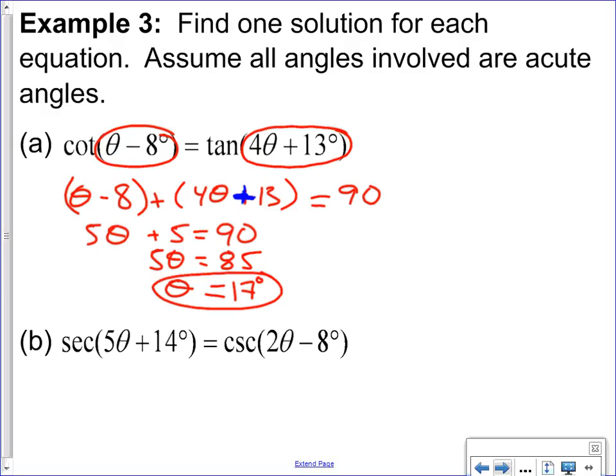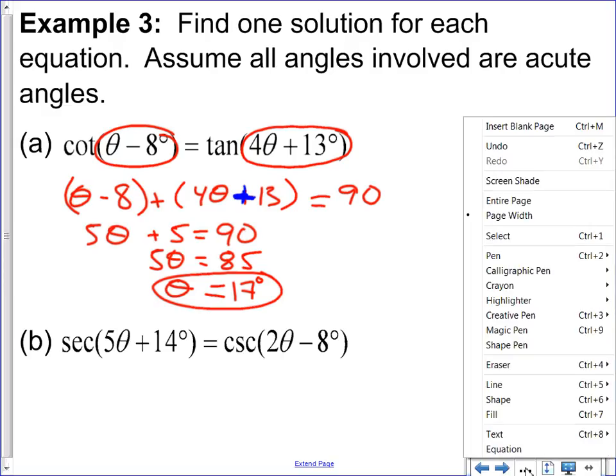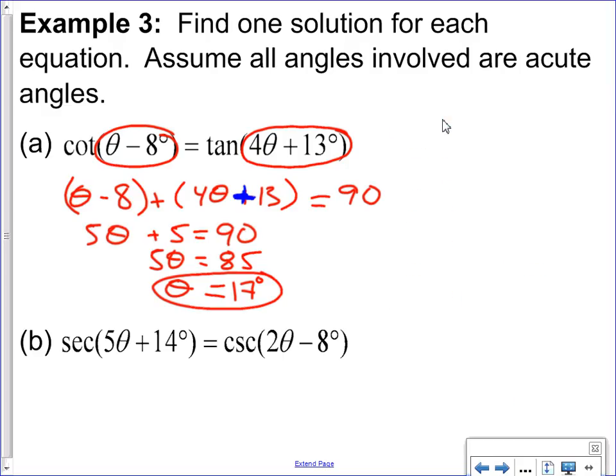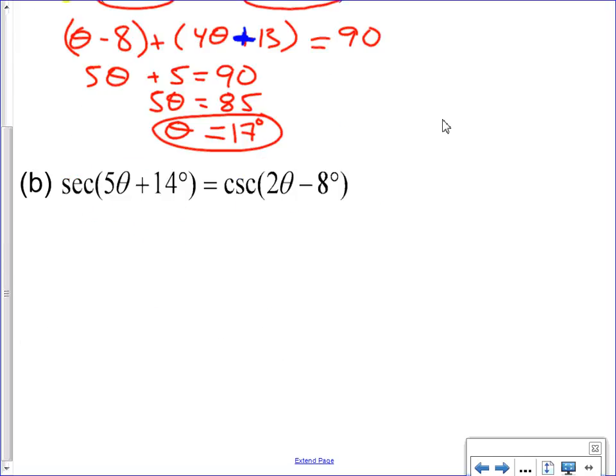Did I lose anyone? Very good. The key was to recognize that in order for the cotangent to equal tangent, their angles have to add up to 90. Thank you, Anthony. You're awesome.